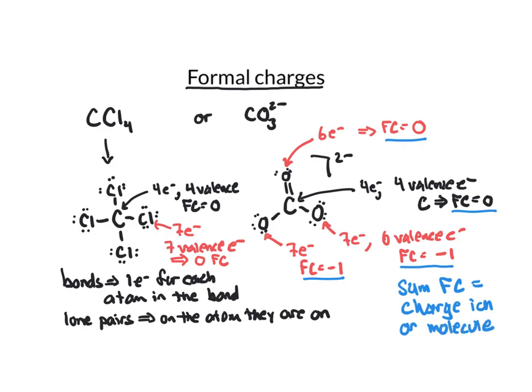So in this case, we have 0 plus 0 minus 1 minus 1 is -2, and in fact our total charge is -2. So now I know that I've counted my formal charges correctly. If I look at carbon tetrachloride, all the formal charges are 0. The molecule itself has a 0 charge, and so when I add up all the formal charges, I get the charge on the molecule, which is 0. And that's how we count formal charges.